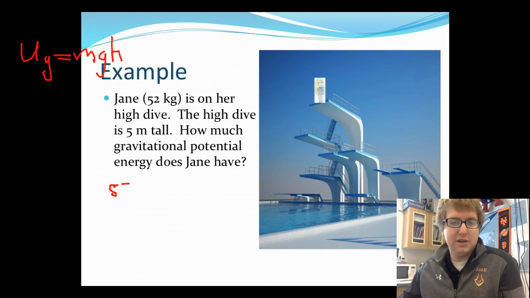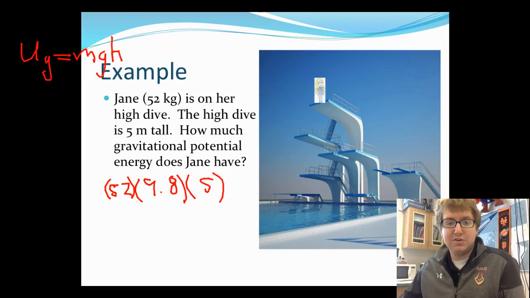So 52 times the acceleration of gravity, since we're on Earth, that's 9.8, times the height. She is at 5 meters, so that's times 5. You always want this in meters as well.